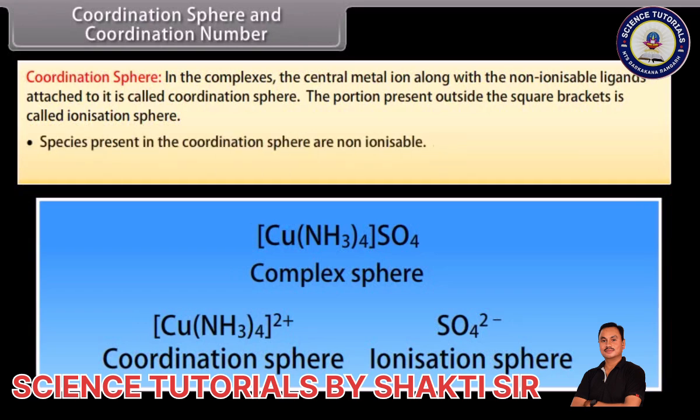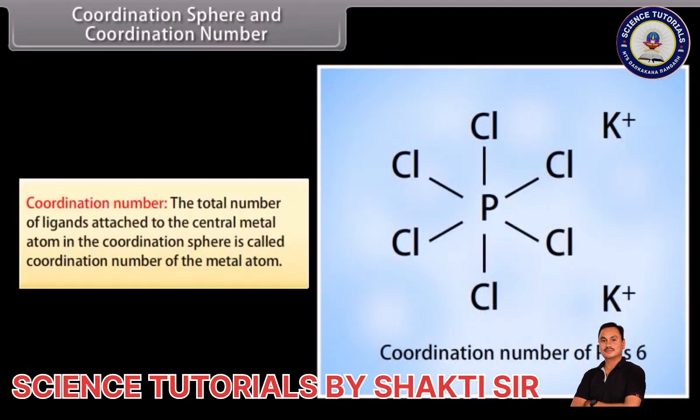Species present in the coordination sphere are non-ionizable. Species present in the ionization sphere are ionizable. Coordination number. The total number of ligands attached to the central metal atom in the coordination sphere is called coordination number of the metal atom.